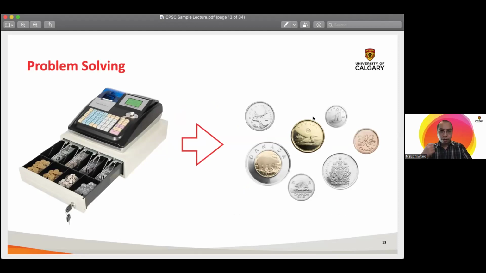So you give the cashier the $10 bill and the cashier needs to give you change. The idea is that we need to know how to give change, right? And let's say we want to give the least number of coins as possible. We don't want to give like 1,000 pennies, right?